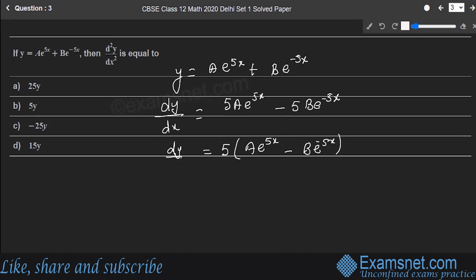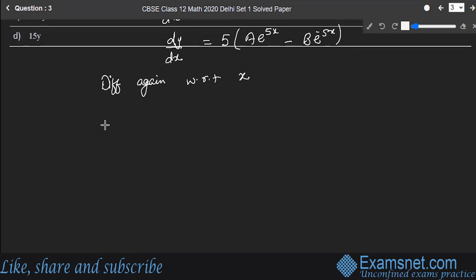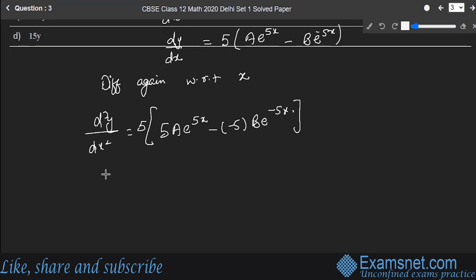Let's differentiate again with respect to x. Differentiating again with respect to x, you will have d square y upon dx square is equal to 5 into 5A into e raised to power 5x minus 5 into minus 5B into e raised to power minus 5x.